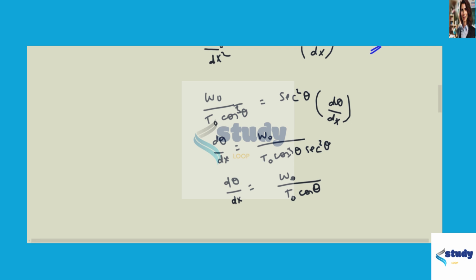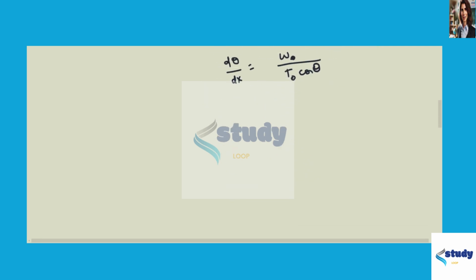Okay, so from here dx can be written as equal to t naught over w naught cos theta d theta.